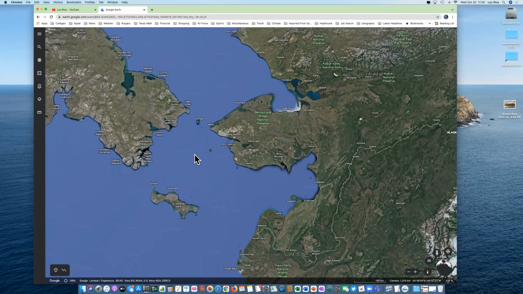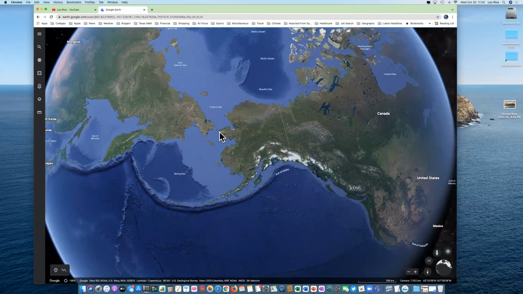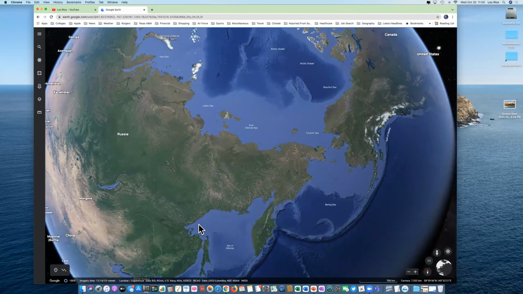Now, back in colder times, this is all land. So that's the so-called land bridge or the Bering Strait Bridge that made possible the movement of people long time ago from what we call Asia into the North American continent.